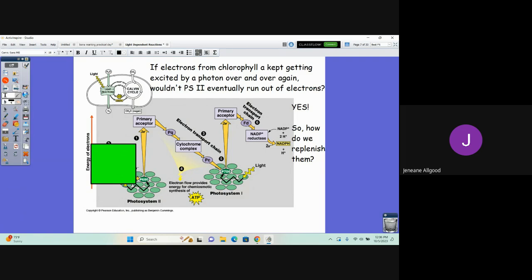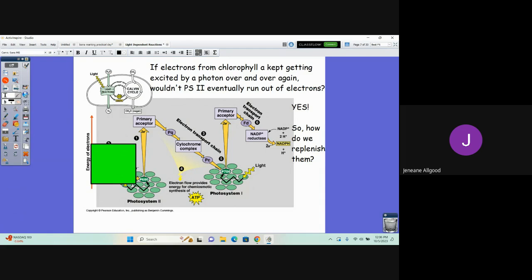Okay? It says if electrons from chlorophyll A kept getting excited by a photon over and over again, wouldn't photosystem 2 eventually run out of electrons? Because remember where those electrons originally are coming from. They're coming from a molecule of chlorophyll A that is in that reaction center.